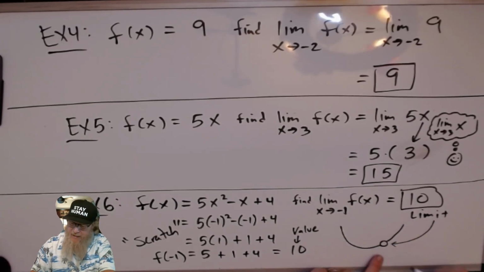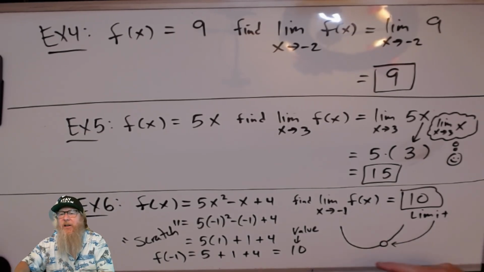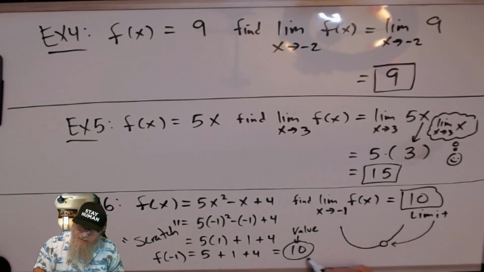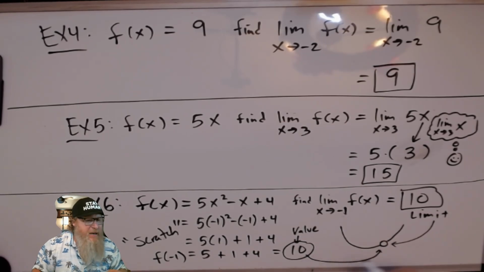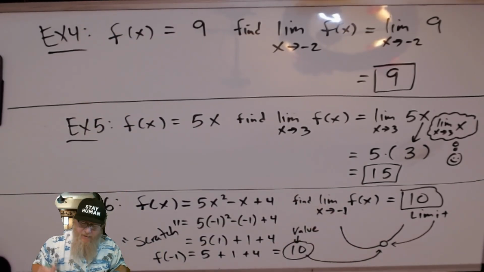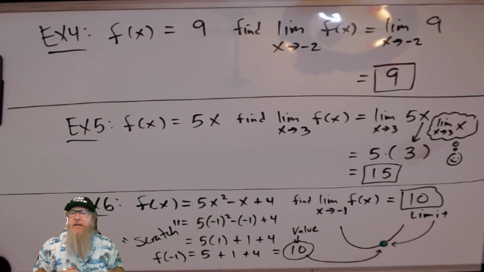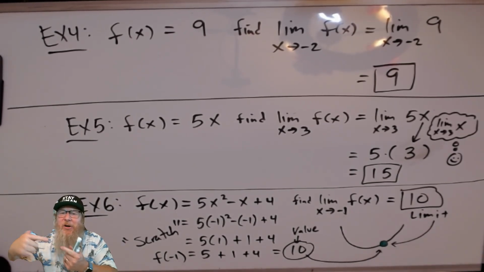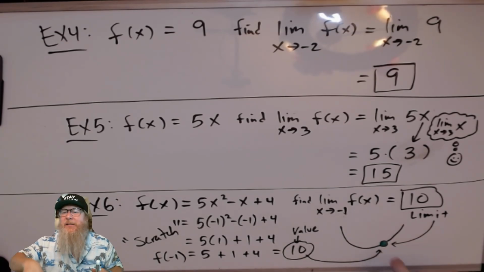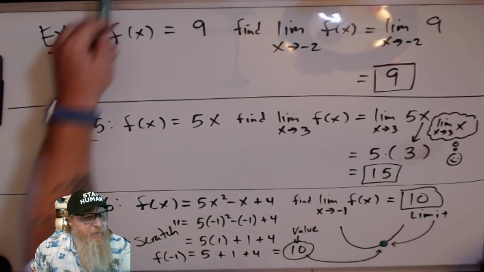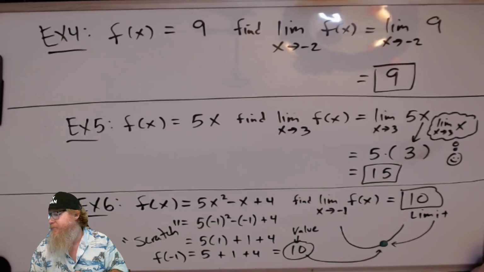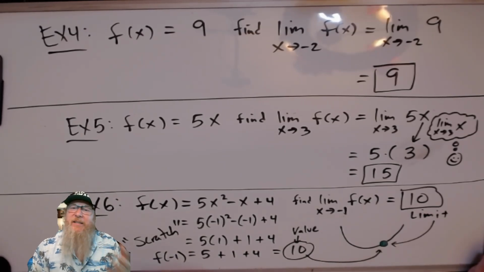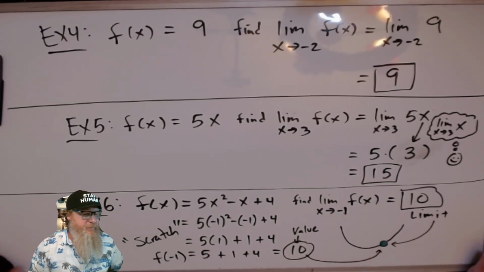The limit is telling you that it's getting very close to 10, but because the value is also 10, the value fills in the hole, and so the limit and the function agree with each other, and we are directly substituting the limit for the value of the function. As long as it's defined, you can do that.